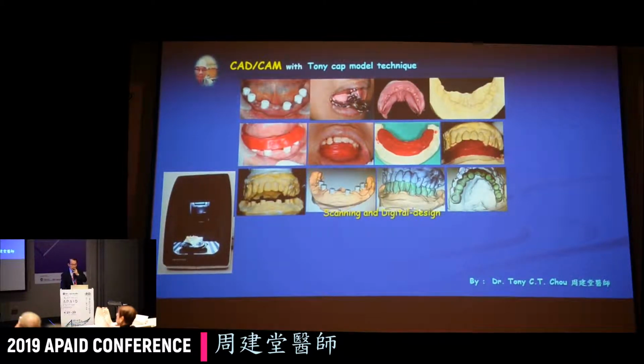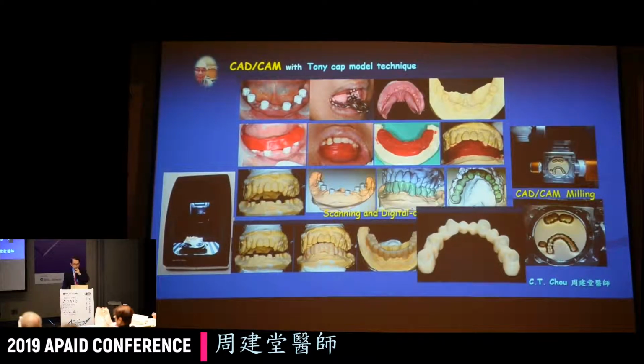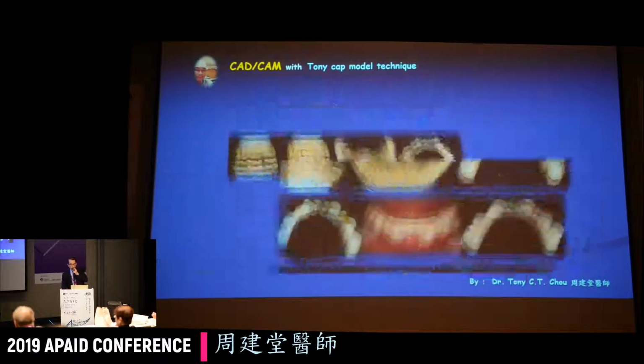We get a scan and digital design by the computer, and then we use the milling machine.